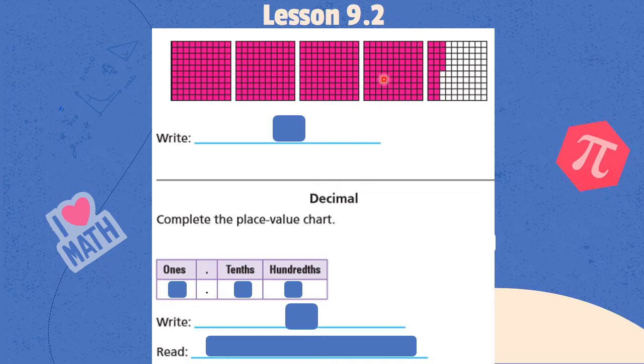So all of them have 100 parts. We have 4 full parts, so 4 as a whole number, and then 10, 20, 21, 22, 23, 24, 25. So we have 4 and 25 out of 100. So we have 4 and 25 hundredths.